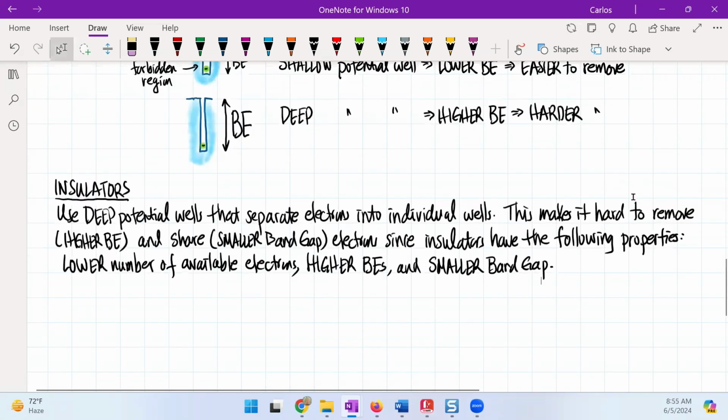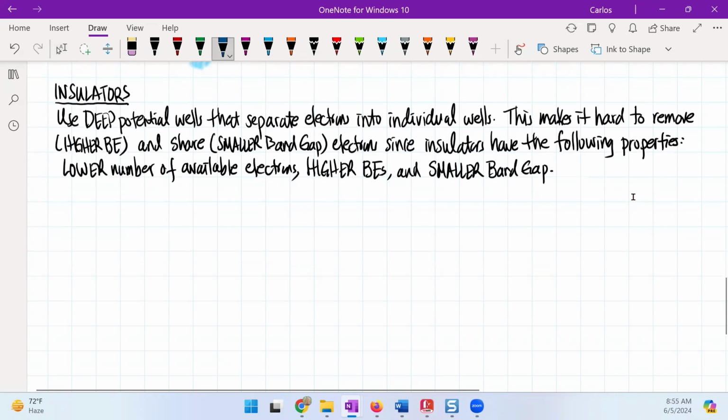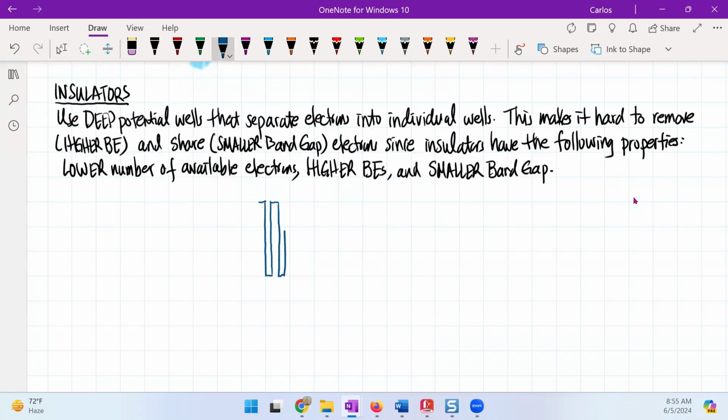So picture-wise, I imagine that we have something like this. I imagine that we have deep wells. And you could imagine that there's numerous of these. And so again, these are the forbidden regions.